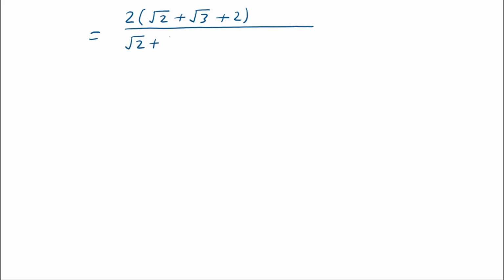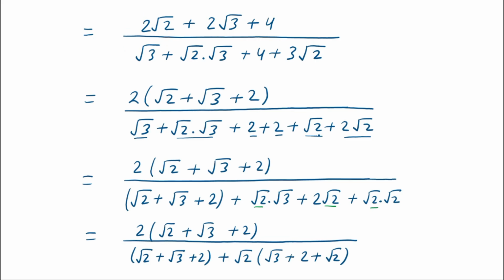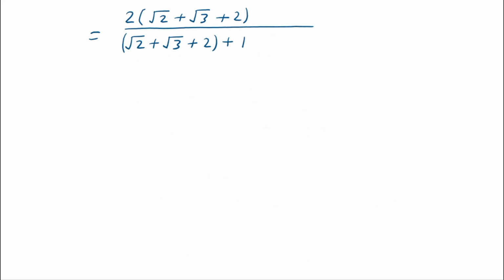In the numerator 2 times square root of 2 plus square root of 3 plus 2, and divide by square root of 2 plus square root of 3 plus 2 plus square root of 2 times square root of 2 times square root of 2 plus square root of 3 plus 2.